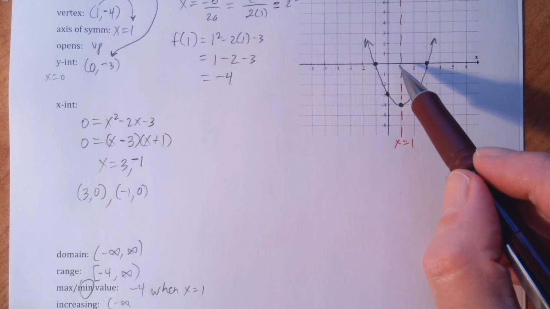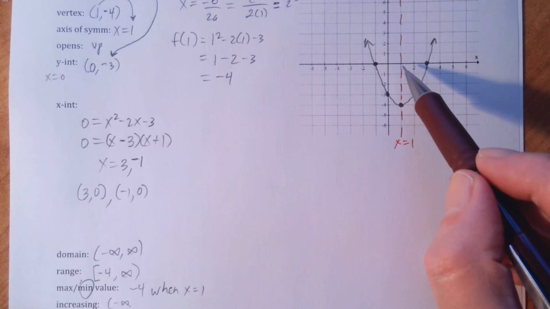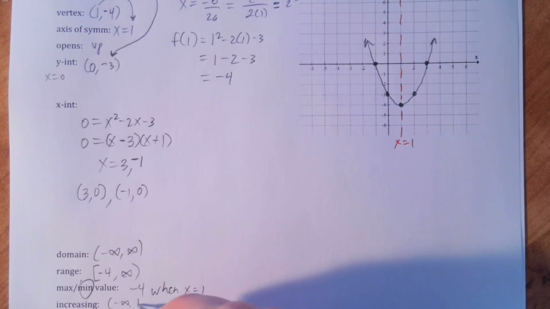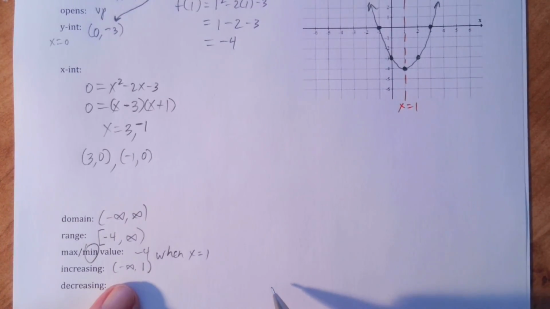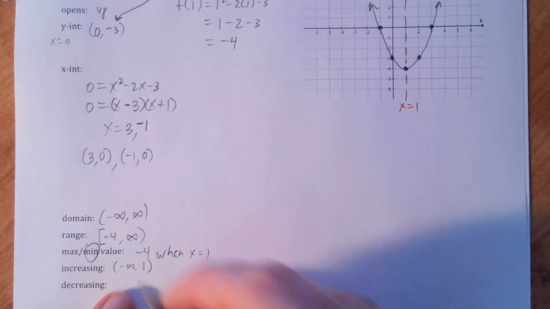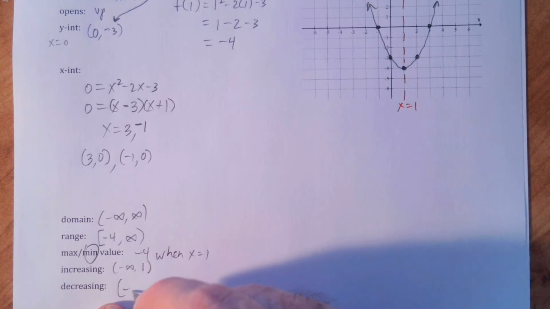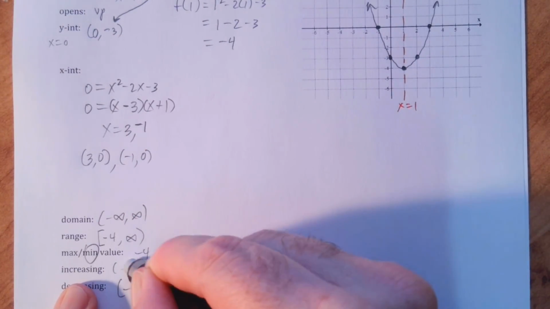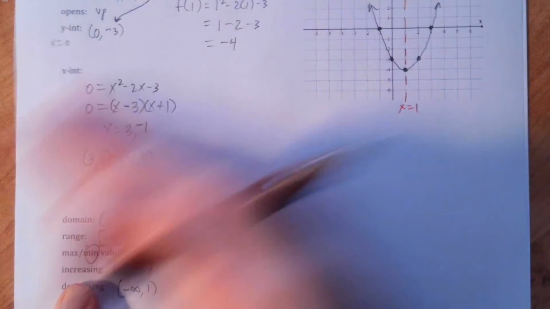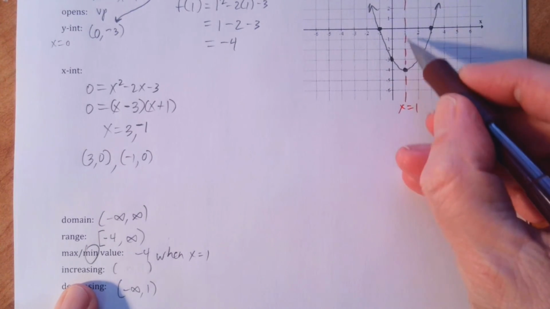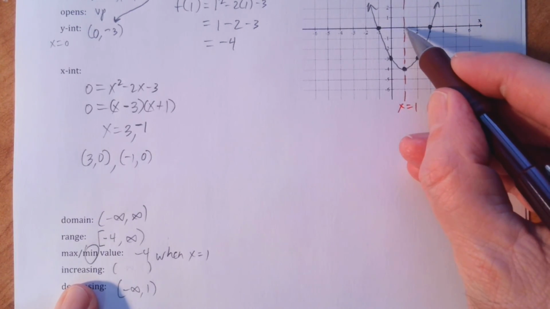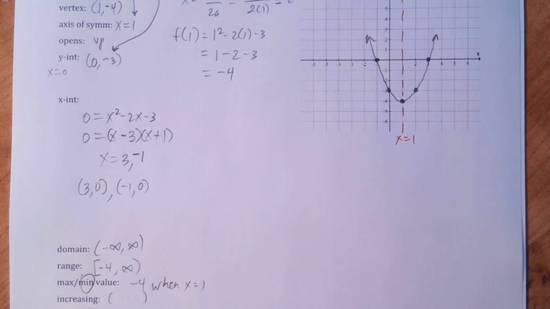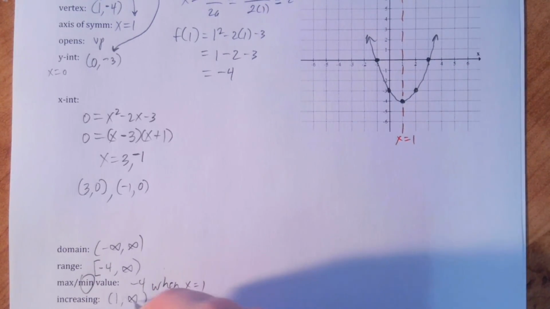So it's decreasing from -infinity until x gets to 1. Wait, I got that backwards. This is decreasing from -infinity to 1. And then from 1 to infinity, so starting when x is 1, this graph will from now on be increasing. So 1 to infinity.